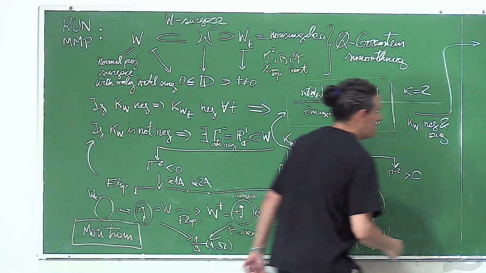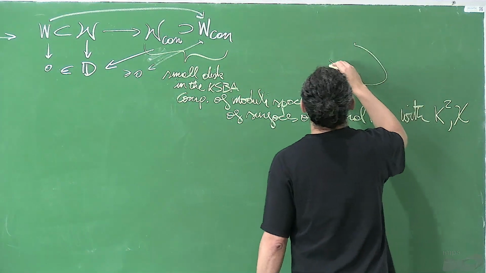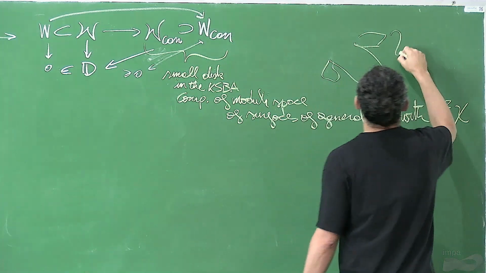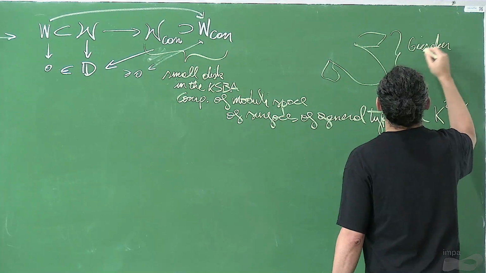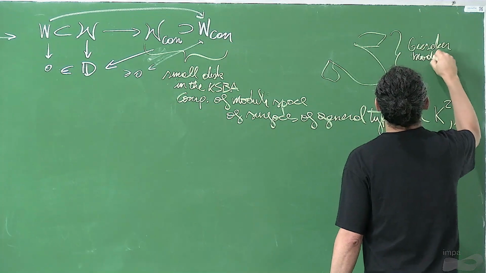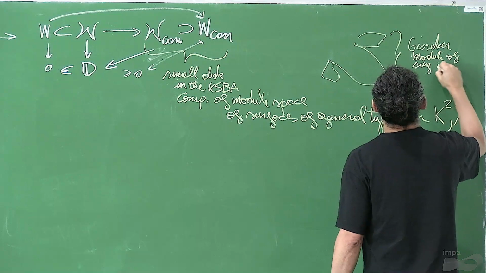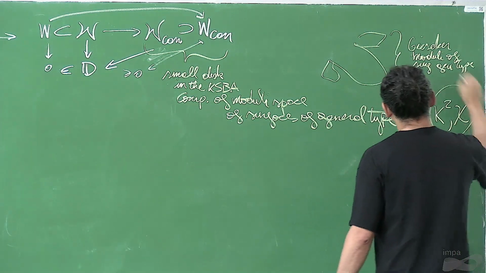And what is this KSBA moduli space? So you have the Gieseker, you have several components. This is the Gieseker moduli space of surfaces of general type with these two invariants fixed.